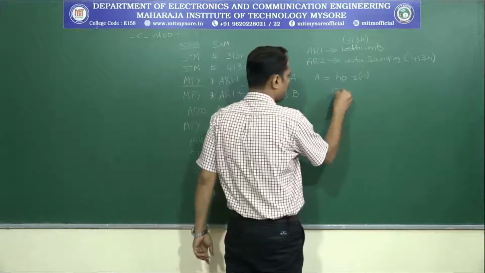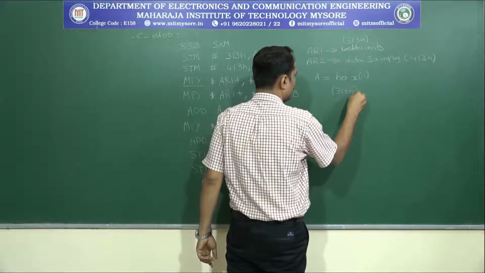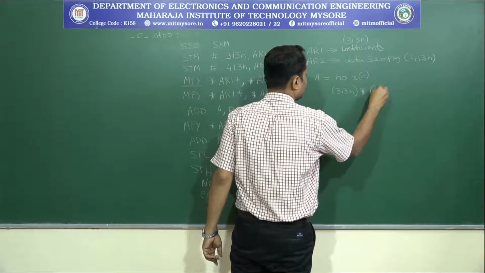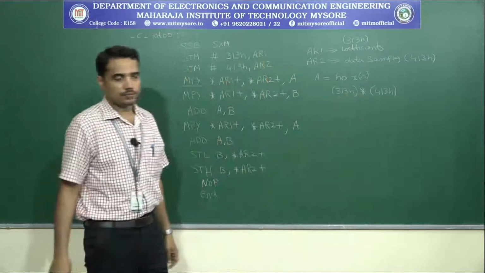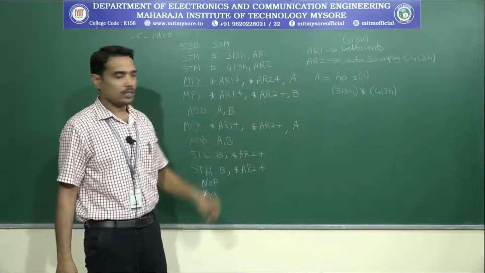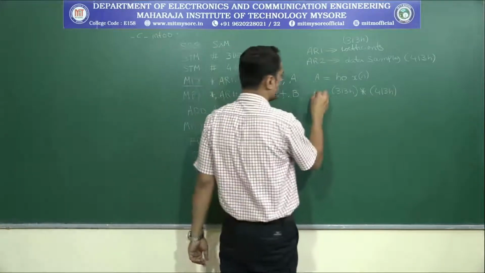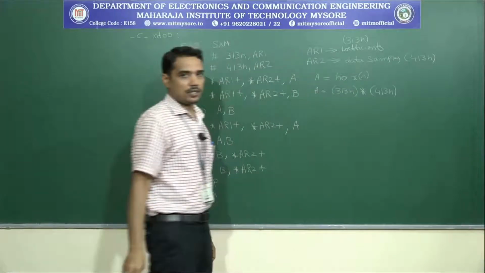Contents of 313H is multiplied with contents of 413. We can assume any value in 313 and 413, and the result is stored in accumulator A.